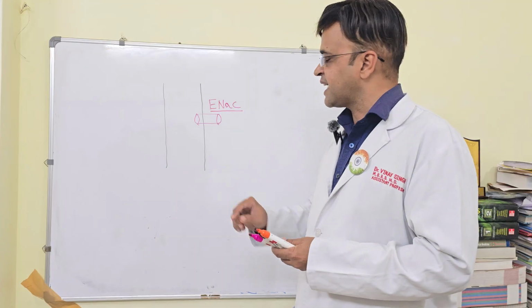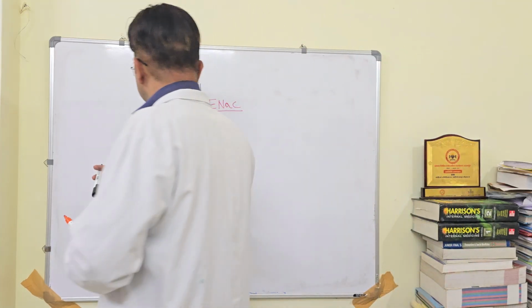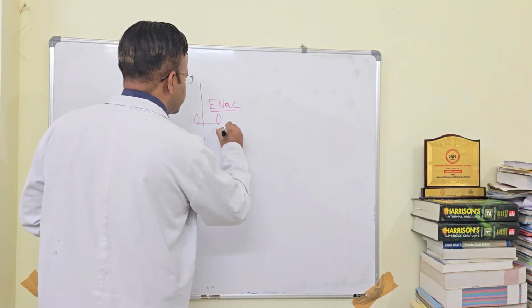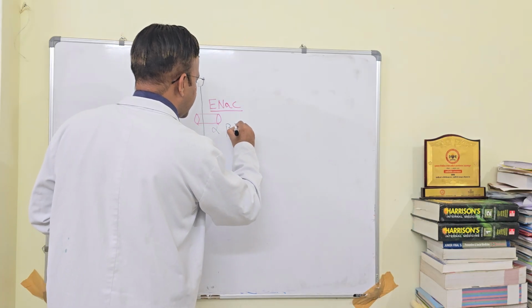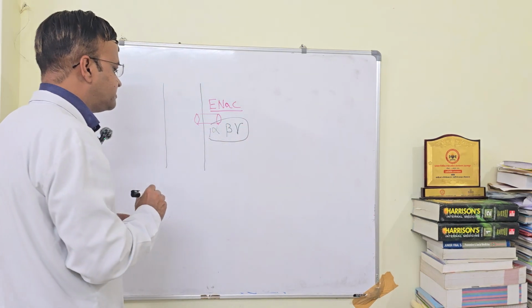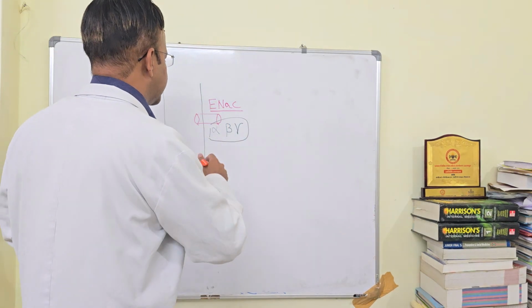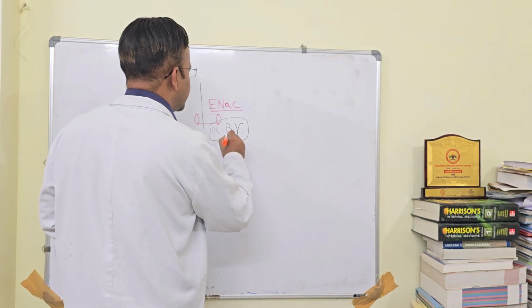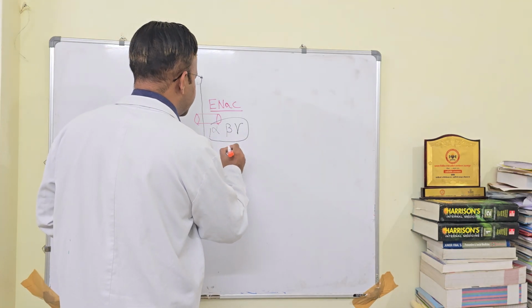Now this ENaC actually consists of three subunits: alpha, beta, and gamma. All these three subunits are coded by different genes.